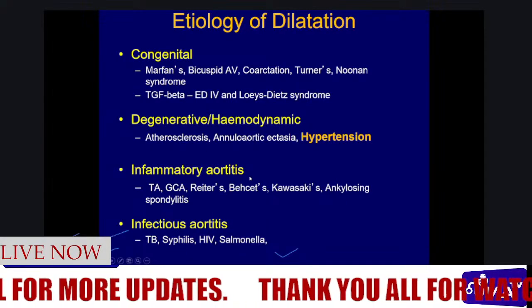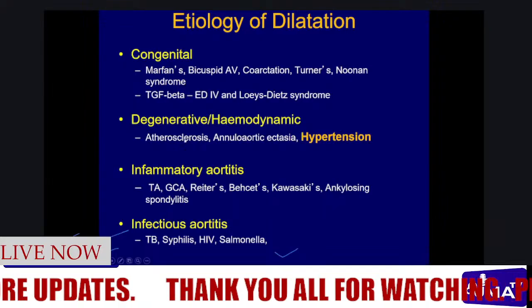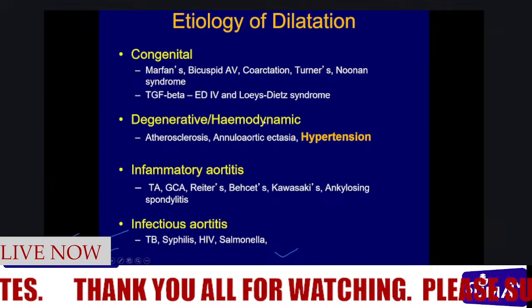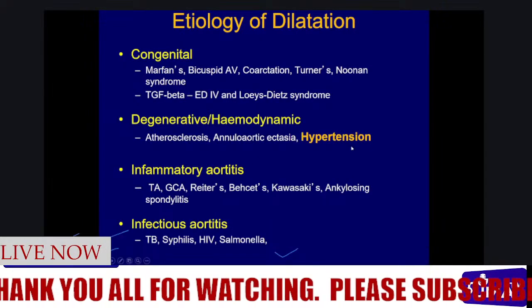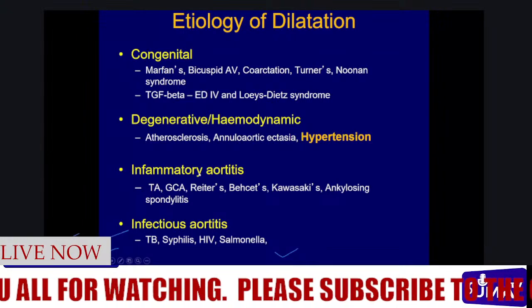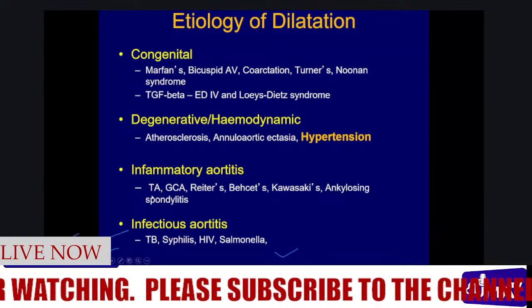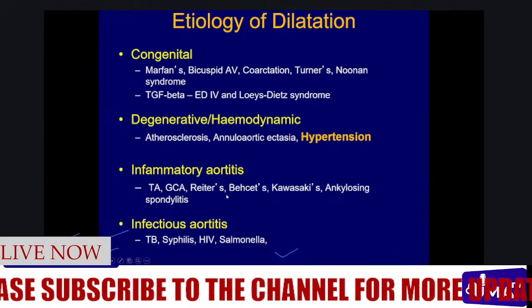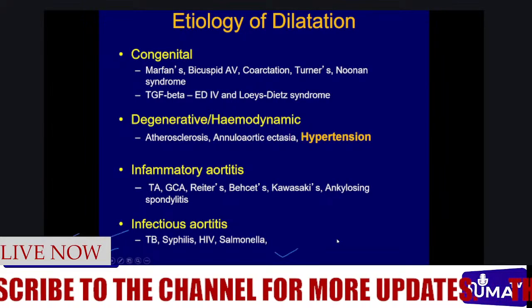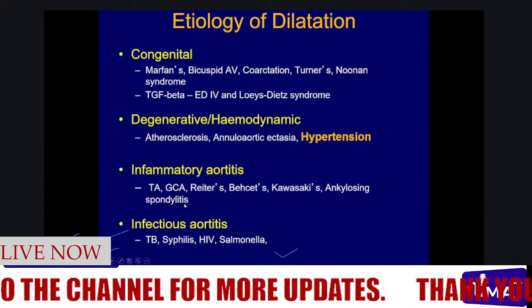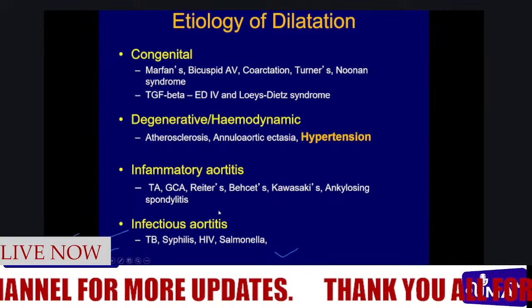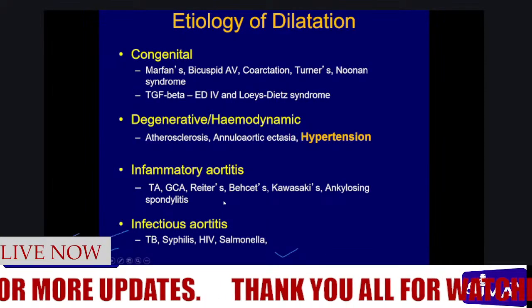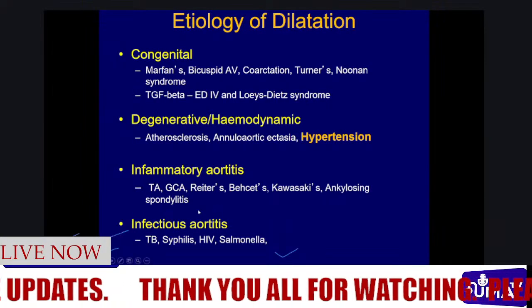It can be degenerative, mainly atherosclerosis, or hemodynamic, like in hypertension, or inflammatory, like giant cell arteritis, Takayasu's arteritis, Reiter's, Behcet's, Kawasaki's, and ankylosing spondylitis. All these patients can have aortic aneurysms.